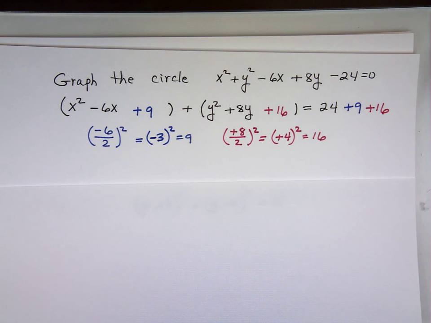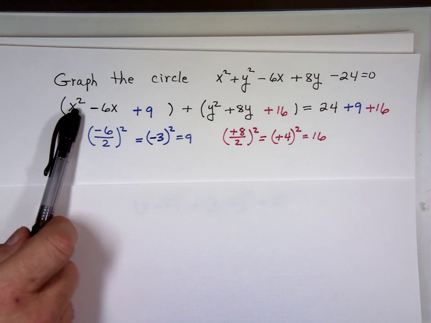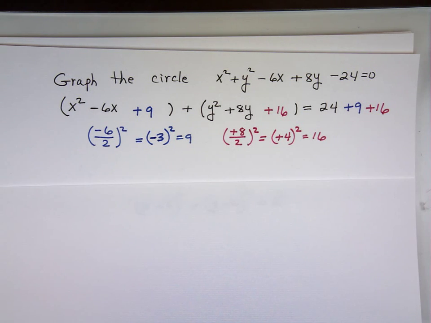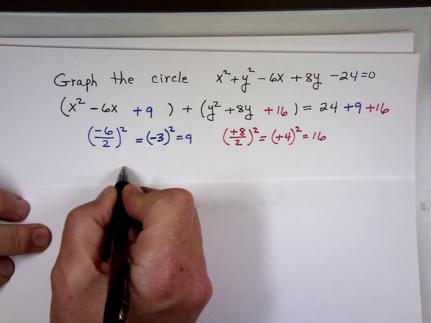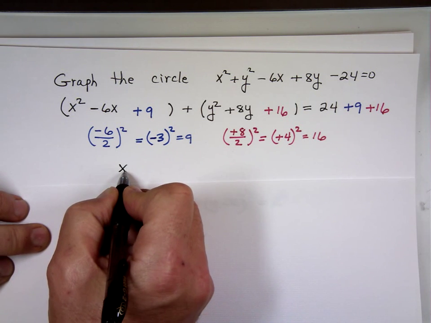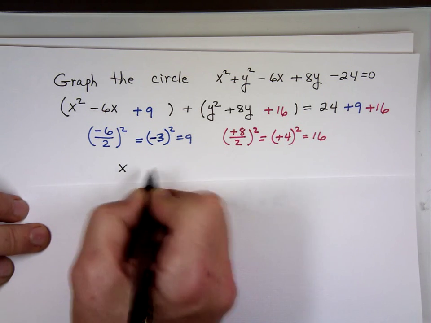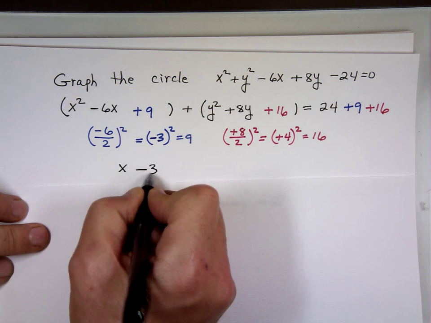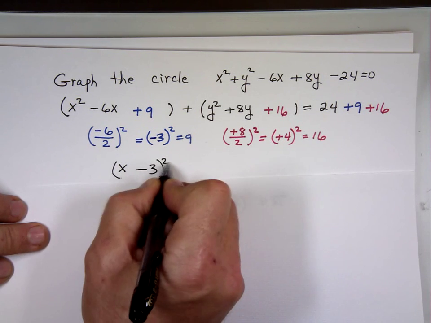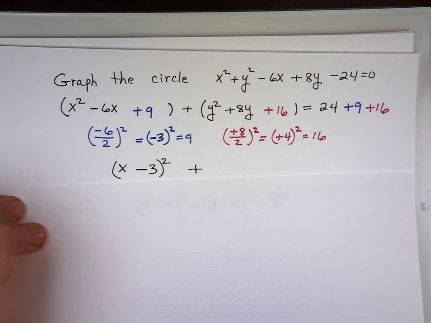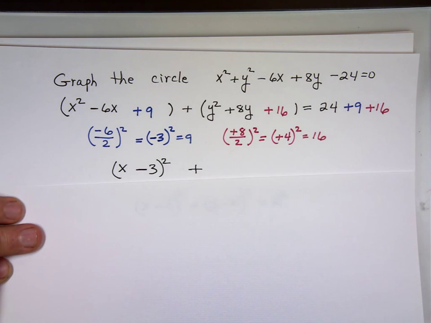Now factor this. How do you factor x squared minus 6x plus 9? Isn't that x minus 3 times x minus 3? Which is x minus 3 squared. Factor this.